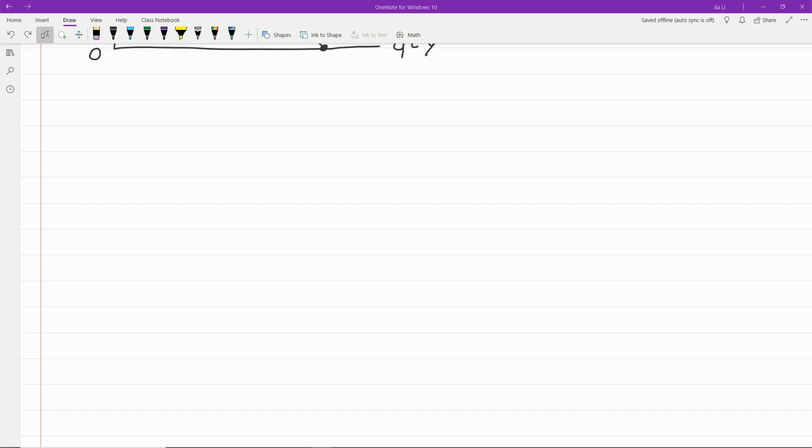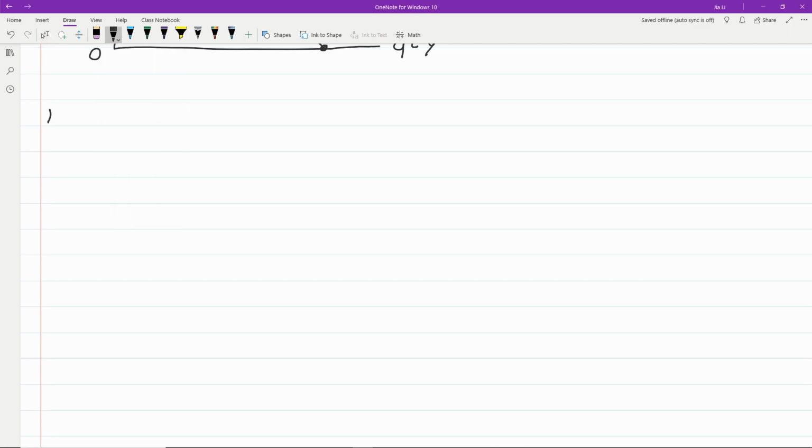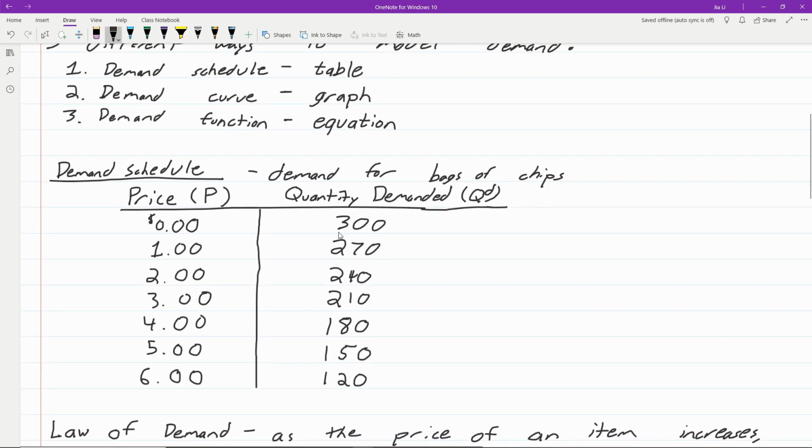Okay, so the demand function. So basically, like I said from before, I want to represent the demand for bags of chips at the store using an equation, right?